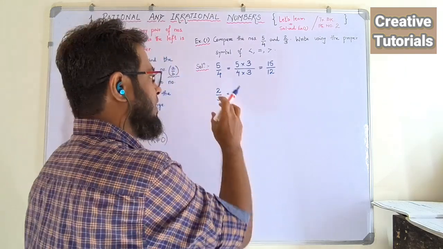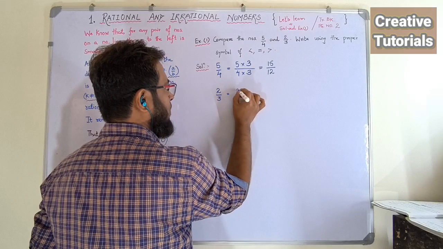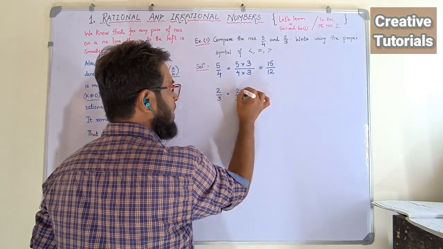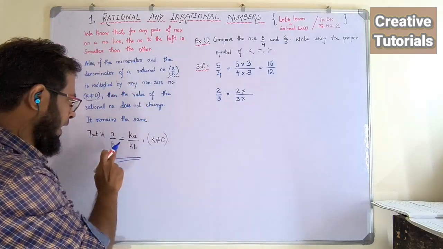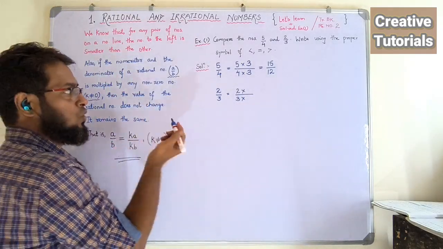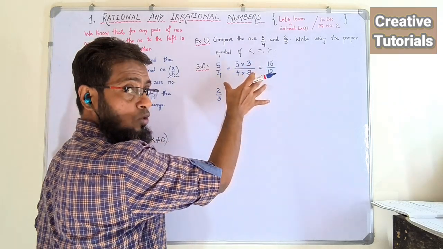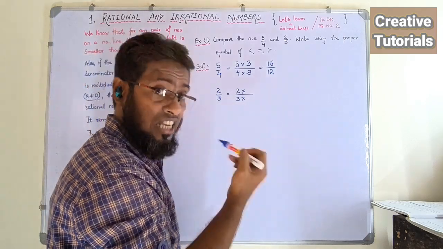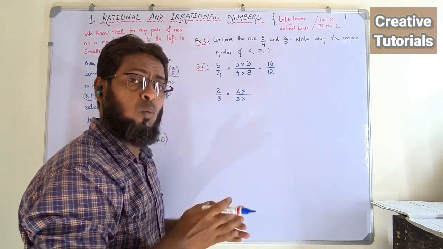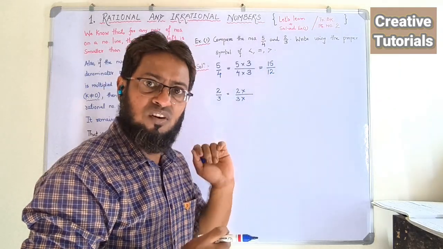Now let us try with this one. We have 2 upon 3. I will write this 2 upon 3 as it is, and now I need some value on this side, that is the k again. Now when we tackled the first part, we took the denominator of the second fraction. Since we are working on the second fraction now, we will take the denominator of the first fraction.